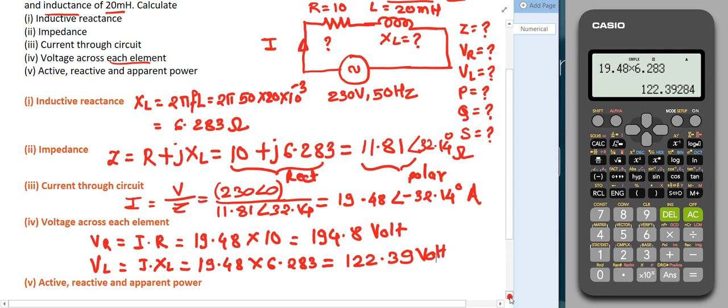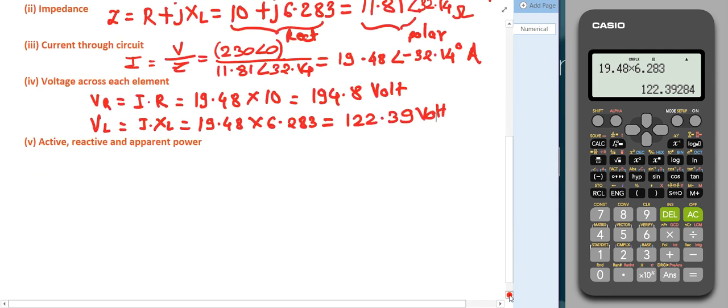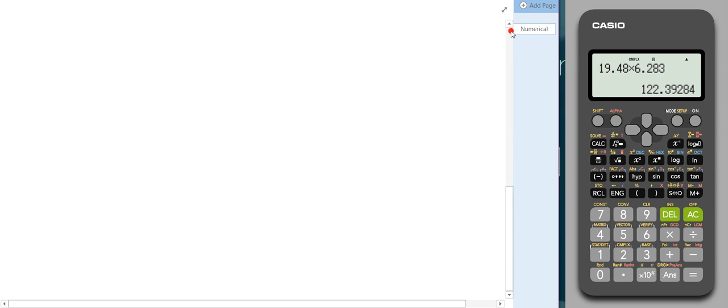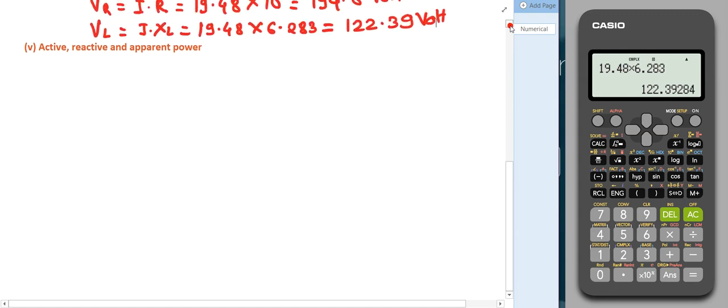Now let us see how we can proceed further. I want to calculate the active, reactive and apparent power in the circuit. Active power is denoted by the letter P. P is given by VI cos phi, or another formula is I square R. So here, what is the value of phi?